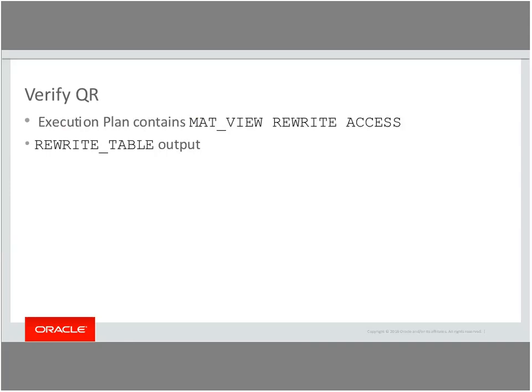Verify query rewrite. If rewrite to a materialized view occurs, the execution plan of the query will contain MAT_VIEW REWRITE ACCESS. I will further cover this in the forthcoming slides and demos.